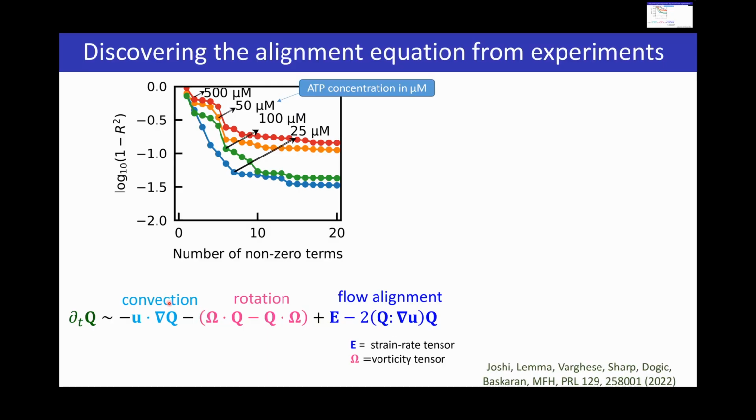The terms that we get for evolution of the director field are just convection, rotation, and flow alignment. And in particular, we don't have the free energy terms that would be there in a traditional liquid crystal. And this was actually predicted some years ago by Julia Yeomans' work. But here we now see experimental confirmation of that fact.